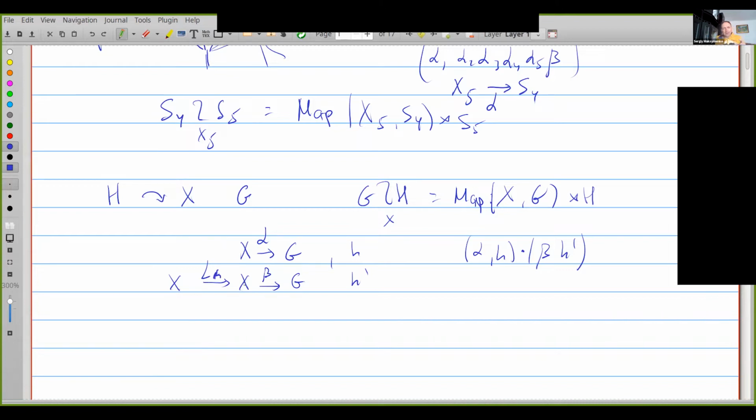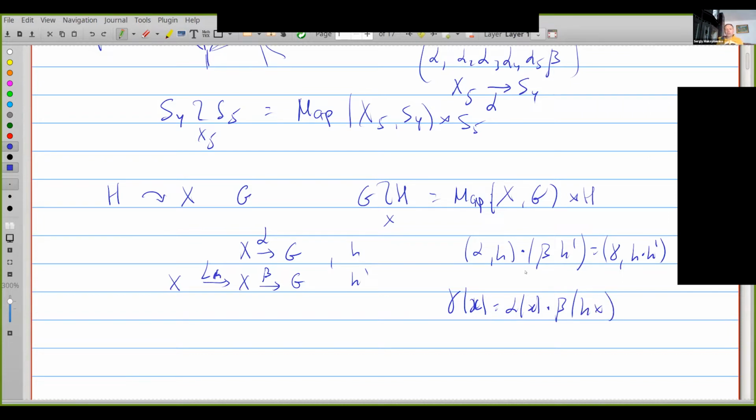I take this map beta, but twist it with the element h, and then I have two maps from X to G. I define this in the following way: here will be gamma, h multiplied by h prime, where gamma of x is defined by the following formula. I need to take alpha of x and multiply by beta of hx.